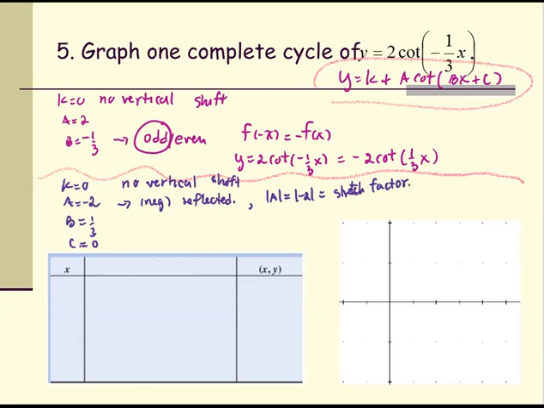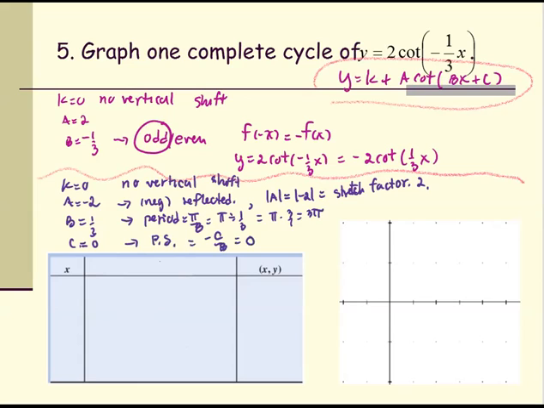It's stretched with the factor 2. B is 1 over 3. It's used to compute the period. Period equals pi divided by b, which is pi divided by 1 over 3, or pi multiplied by 3 over 1, or 3 pi. The c is used to compute the phase shift, which is negative c over b.